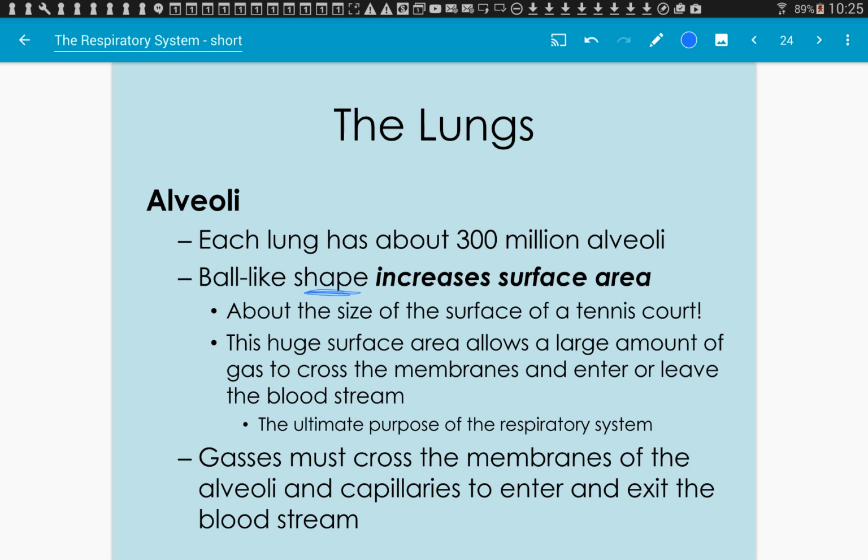If you were able to spread out the entire respiratory membrane, it could take up the entire space of a tennis court, which is a lot if you've ever been out on a tennis court. That's a lot of space. So it's maximizing the surface area, maximizing the amount of oxygen and carbon dioxide that can be diffused across. So the more oxygen you can get, the better. So surface area increases that ability.